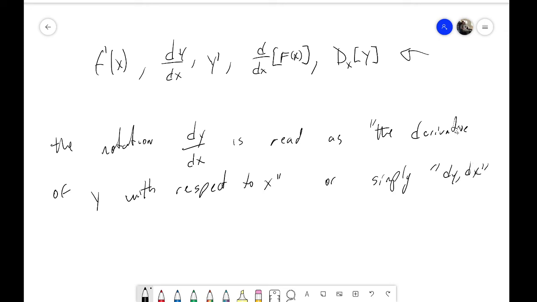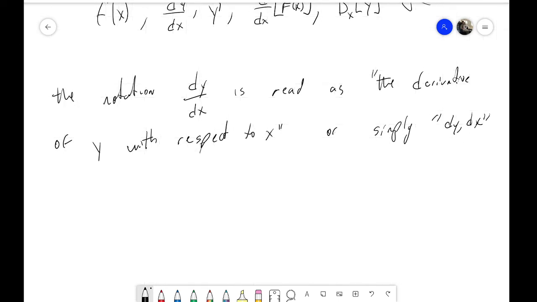Now, I'm saying with respect to x because it is possible to take derivatives with respect to other variables. So when you get into more advanced classes, you may see functions, and I'll just mention this in passing, in terms of more than one variable, like 2xy plus 3 minus cosine of y, let's say.